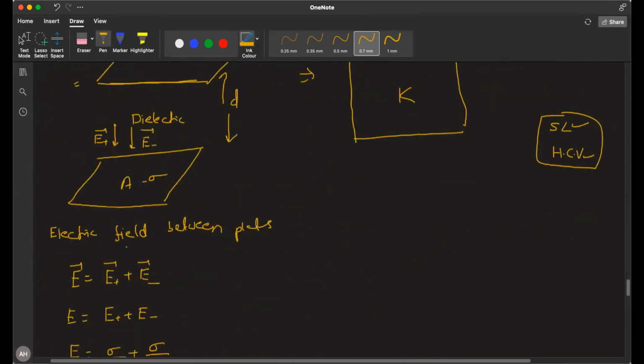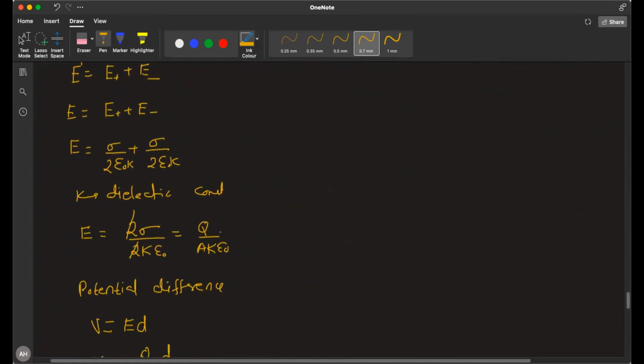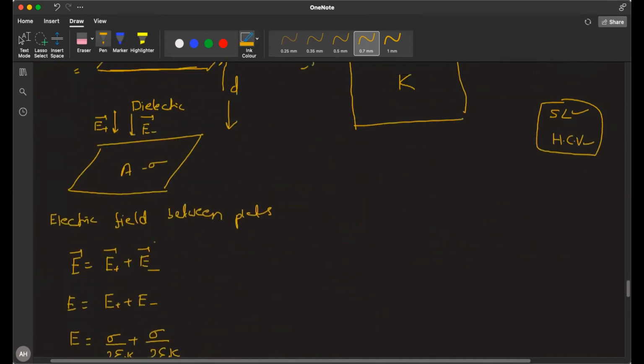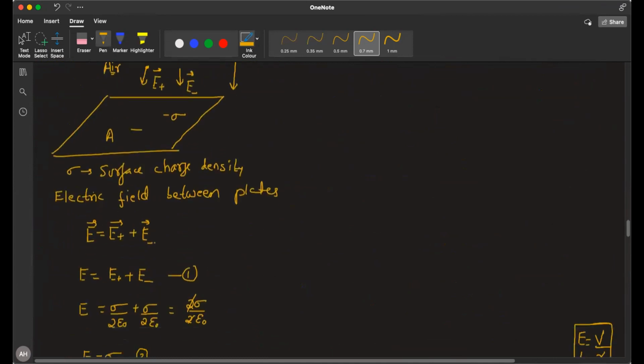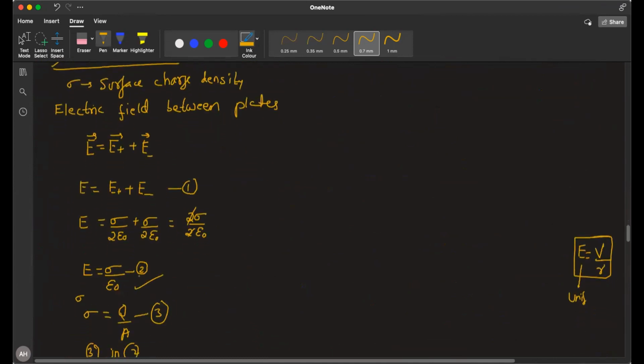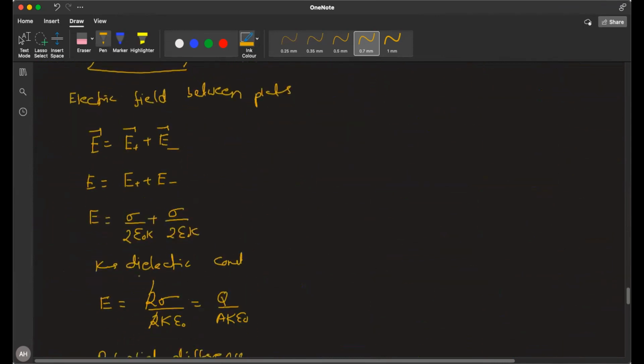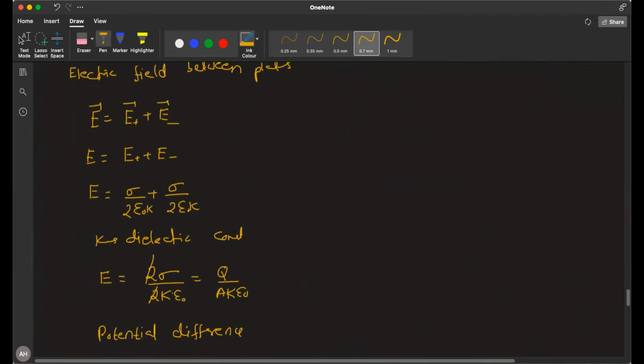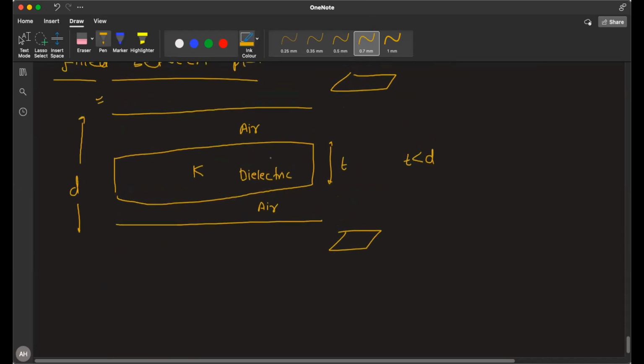We know that the field between the plates of a capacitor is sigma by epsilon naught. When you have air, the electric field between the plates is sigma by epsilon naught. And when you have dielectric, the electric field between the plates is sigma by K epsilon naught. So we have both the regions, air as well as dielectric. So electric field in air, I call it E naught. It's sigma by epsilon naught.